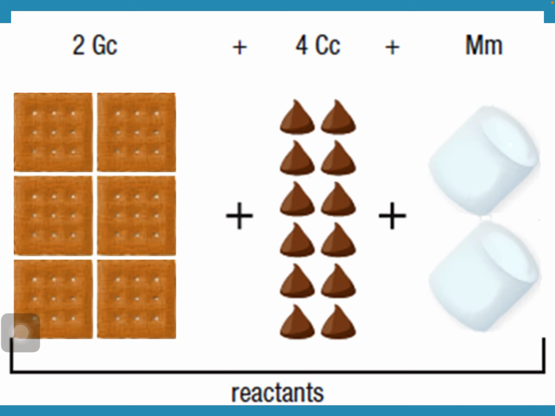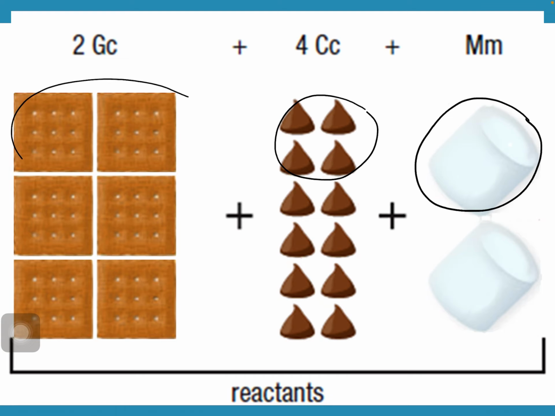So the amounts we looked at before were the exact ratios we would need to make a certain amount of s'mores. Here, I don't have those in the same ratio. For every 1 marshmallow, I need 4 chocolate chips and 2 graham crackers.